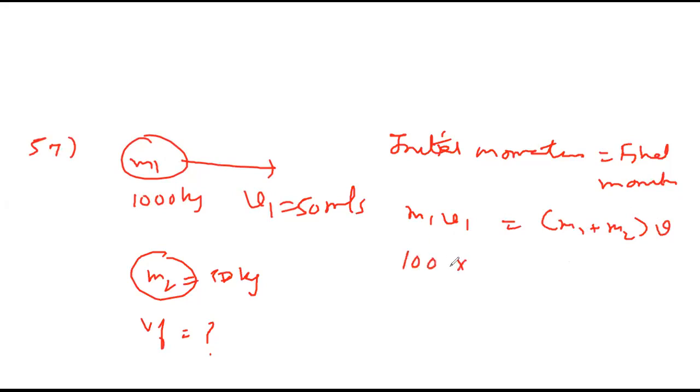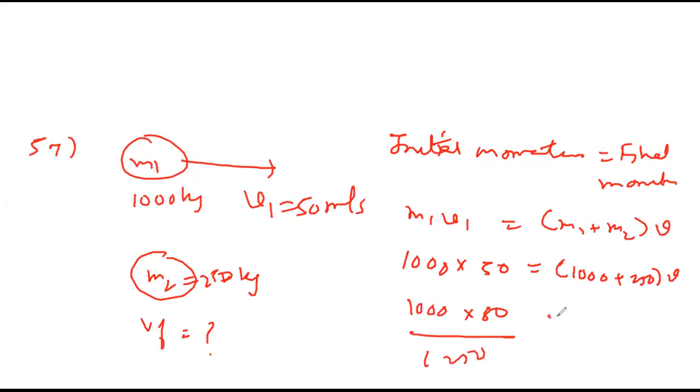So m1 is 1000 into 50, and 250 is added, so 1000 plus 250 into v. 1000 into 50 upon 1250 equals v. 5 into 2 is 10, 5 5s are 25, 40. Answer: 40 meter per second.